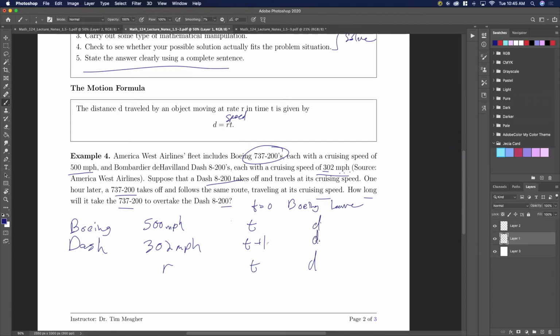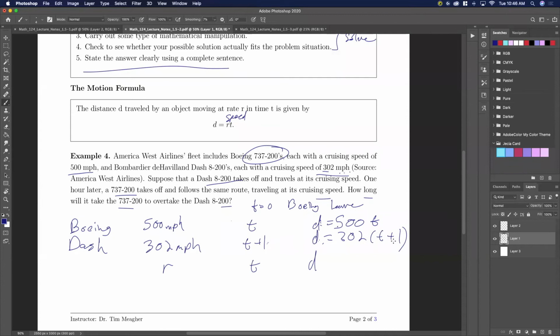I want to know when these distances are the same. The distance I traveled for the Boeing is given by 500 times t. The distance I traveled for the Dash will be 302 times t plus 1, because that's my rate.